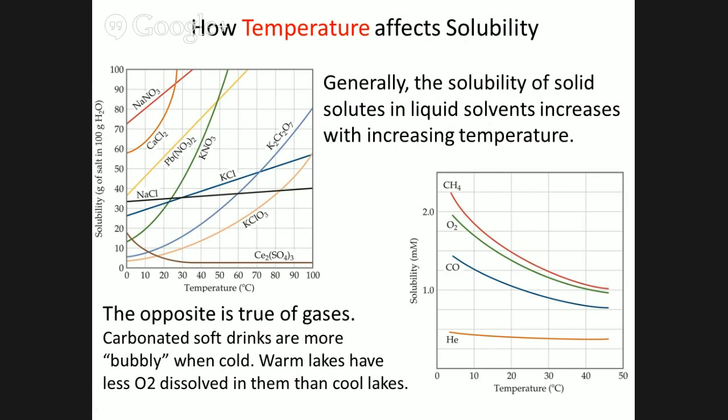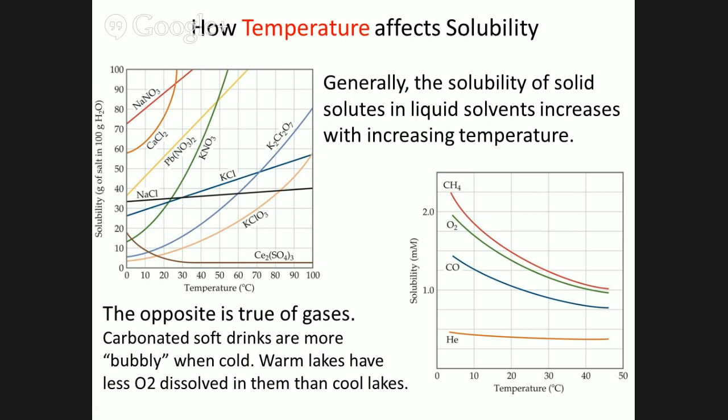In 500 grams of water, I could dissolve 5 times as much. So it's not only dependent on the temperature, but of course, how much water I was trying to dissolve it in. These are all set to be per 100 grams of water. Whereas, for example, at my 30 degrees of temperature, NaCl looks like about 35 grams of salt could be dissolved in every 100 grams of water. In 200 grams, I would dissolve 70 grams.